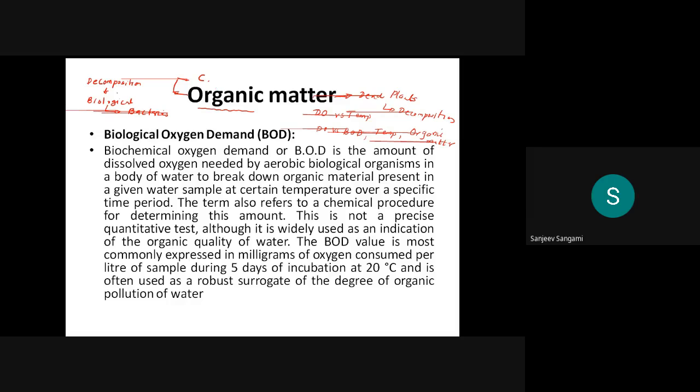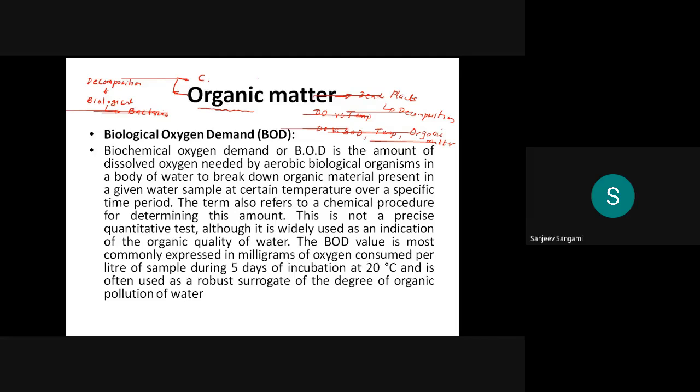Then what will these bacteria or microbes do? They will eat this as food. For example, if dead plants are there, the dead plants will be utilized by all these microbes.